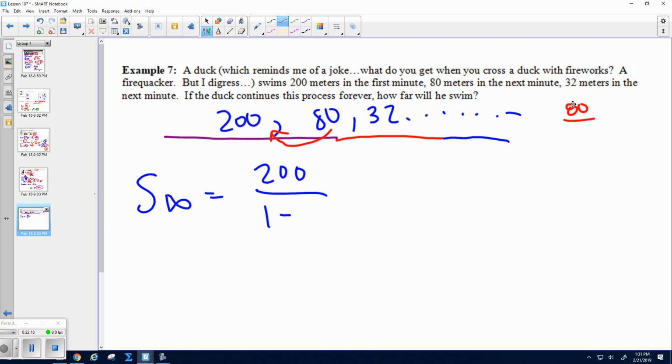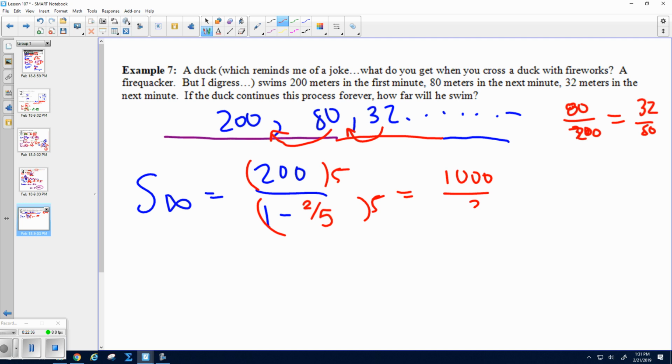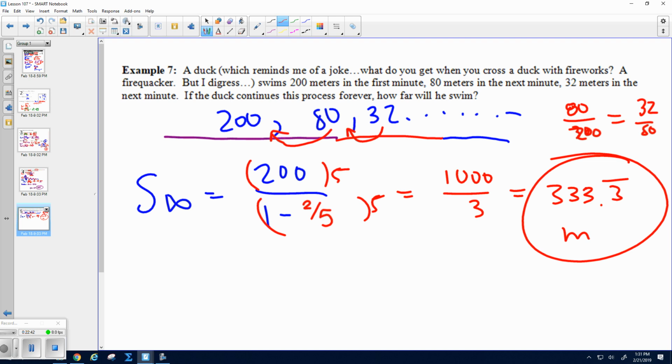Yeah. 80 over 200, which also should be equal to 32 over 80. So it's this one divided by this one, or this one divided by this one, which happens to reduce to 2/5. All right. Times 5 over 5. We get 1,000 over 3, which is 333.3 repeating meters.